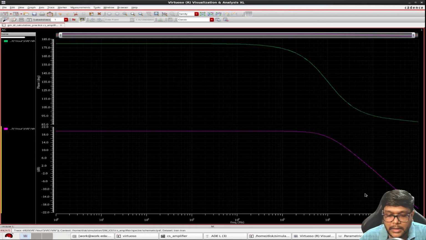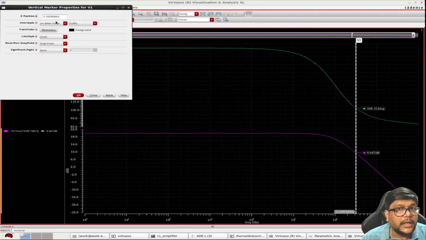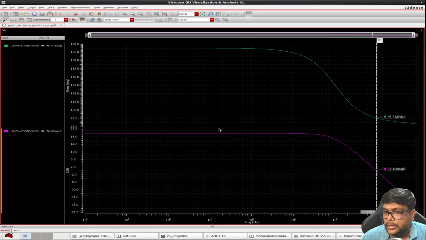Okay, and let me see if I'm getting more than 10 megahertz. Okay, so I'm getting 10 megahertz, no problem with that one, and I'm getting a good phase margin, 180 minus 95.